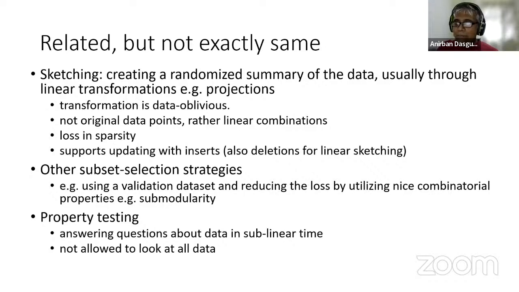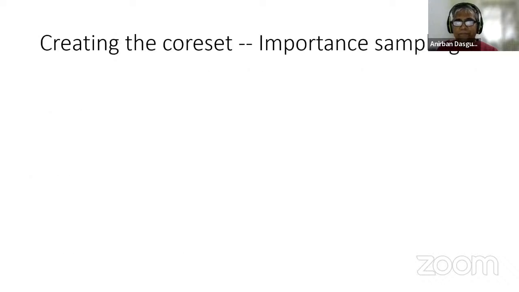Basically, you cannot say something about all possible queries, and you don't get a 1 plus epsilon kind of approximation like we do. There's the other field of property testing, in which you don't look at the data completely. You're allowed to sample the data, poke at the data, and you need to answer questions on the data in sublinear time without looking at the entire data set. There are connections with all of these, but they're not exactly the same.